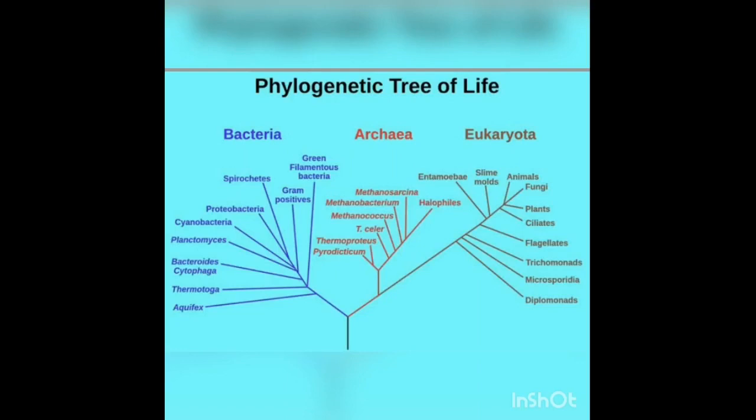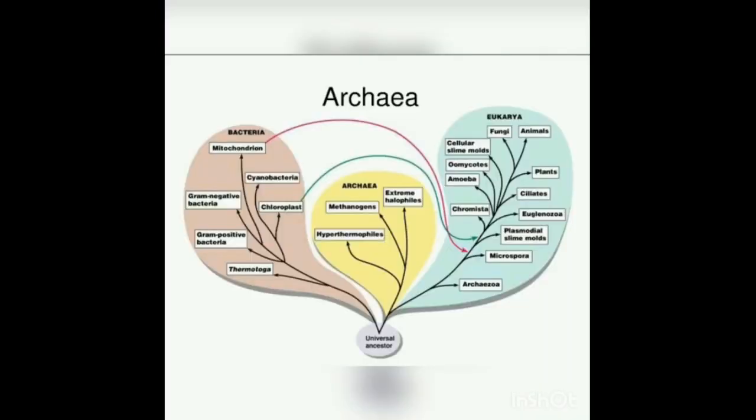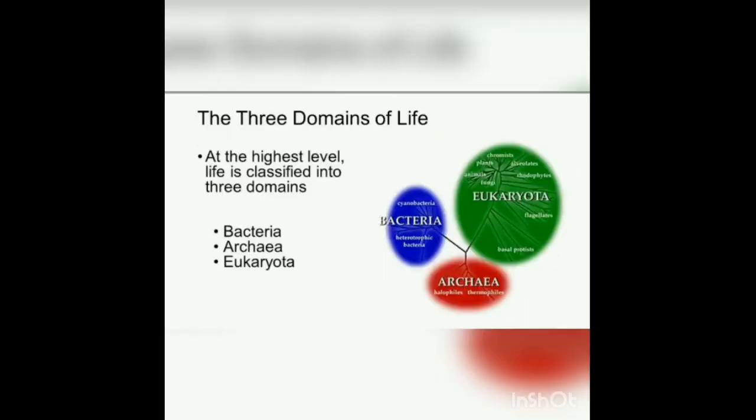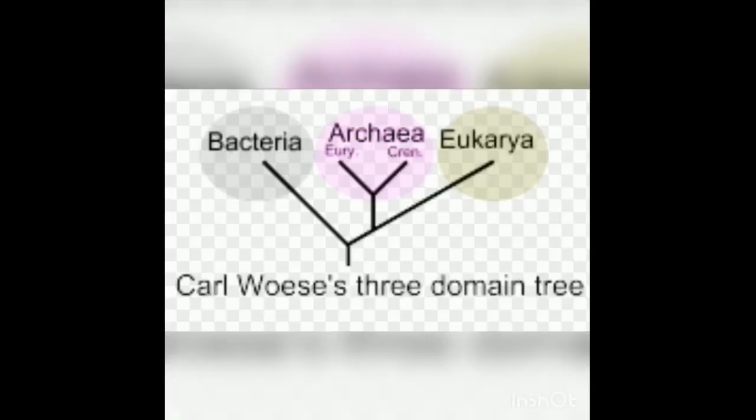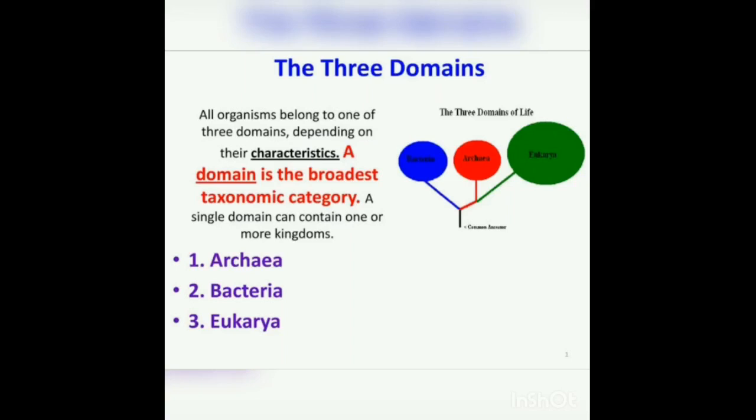The three-domain system adds the taxon domain higher than the kingdom. Domain is higher than kingdom. This system emphasized the separation of prokaryotes into two domains, bacteria and archaea, and all eukaryotes are placed into the domain eukarya. The prokaryotes and eukaryotes are placed in three domains.